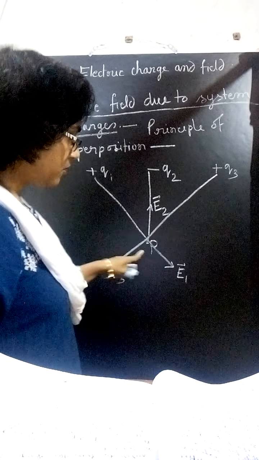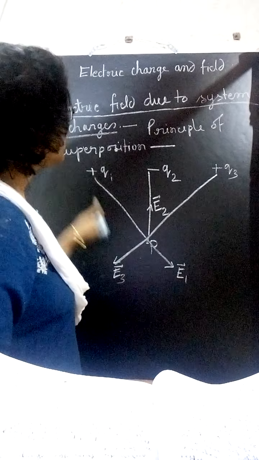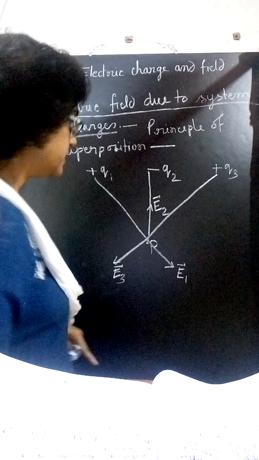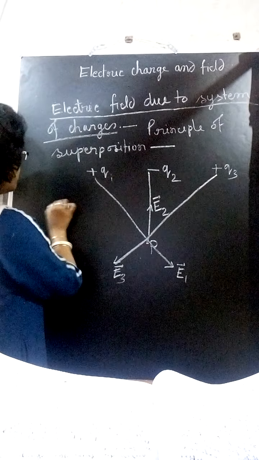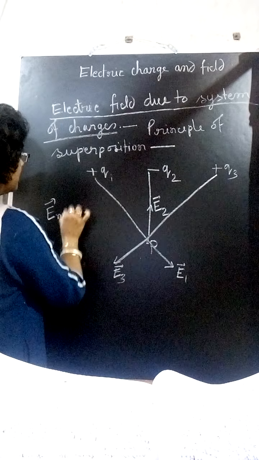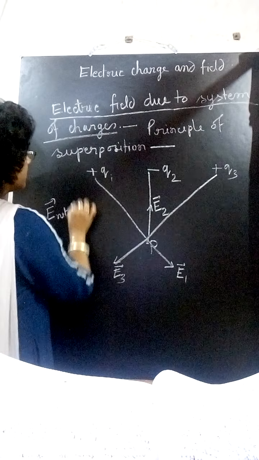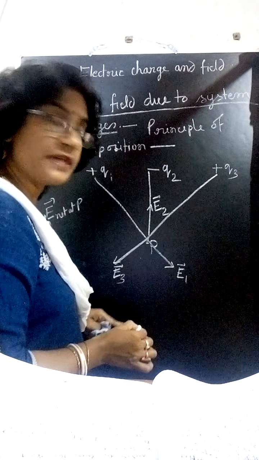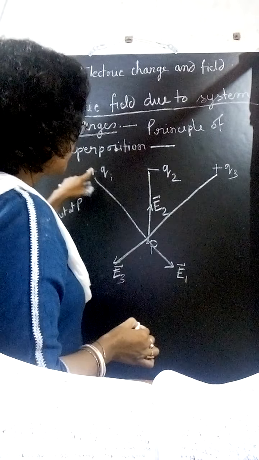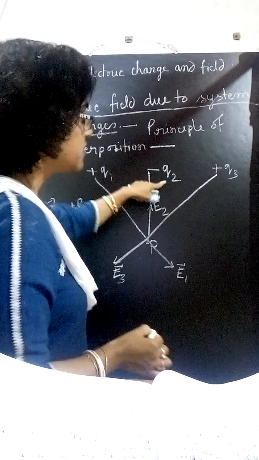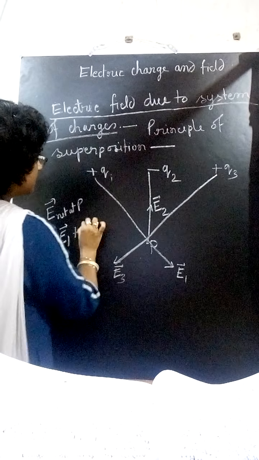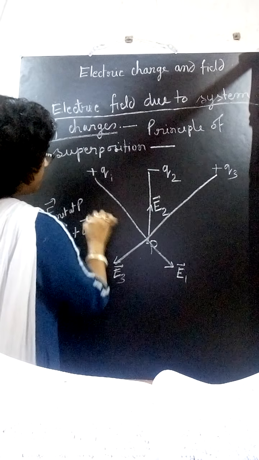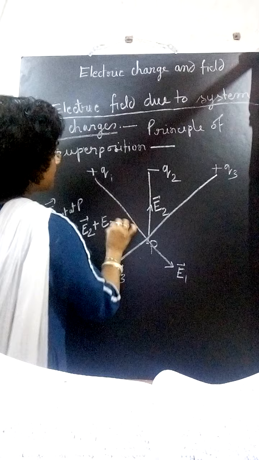So, at the point P, what is the net electric field? The net electric field at P is the vector sum of the electric fields due to the first, second and third charges, that is E1 plus E2 plus E3.